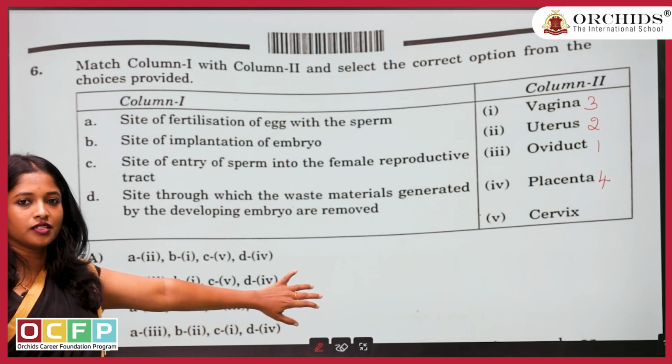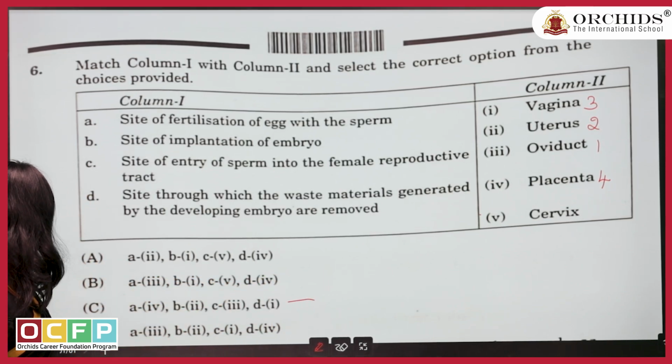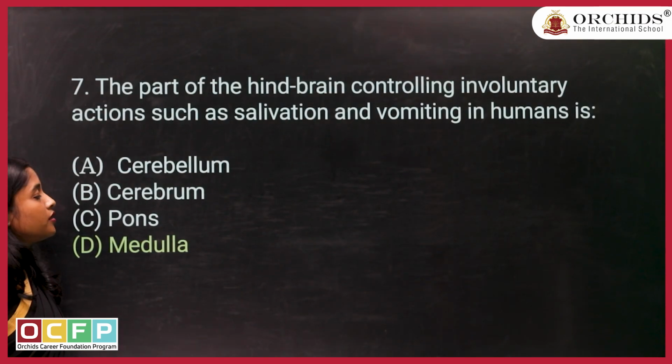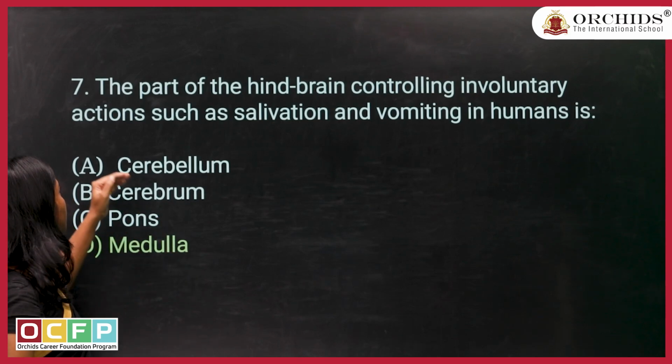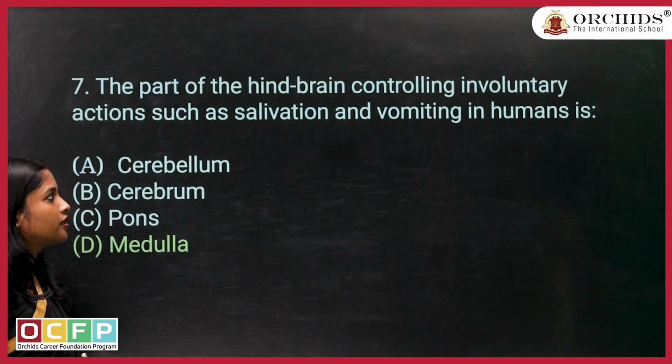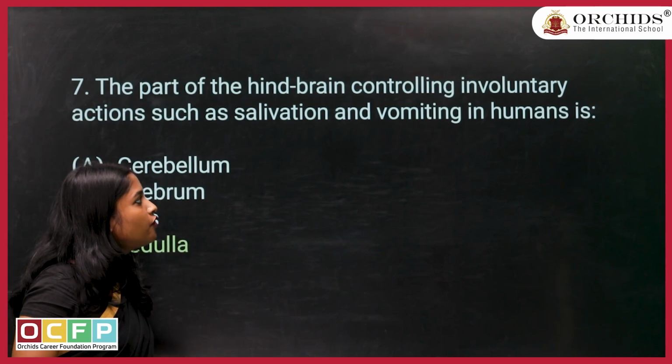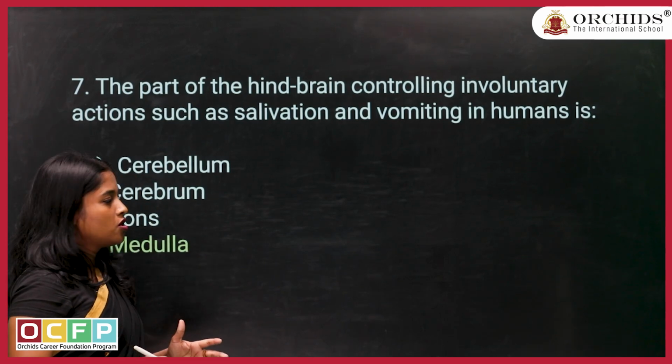Fine, I hope you have done this. Next, we will move on to the next MCQ, the 7th question in the paper. The part of the hindbrain controlling involuntary actions such as salivation and vomiting in humans.